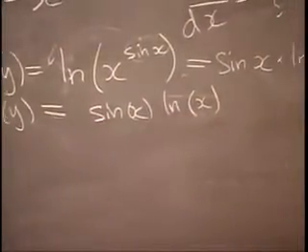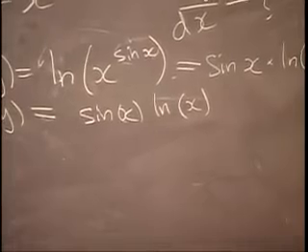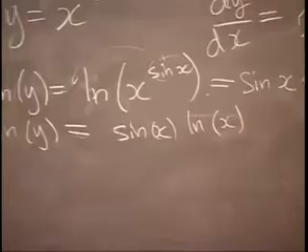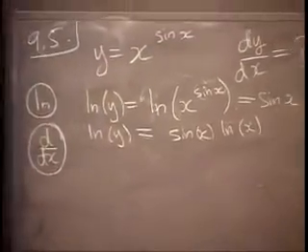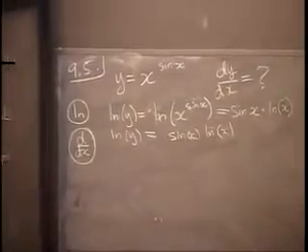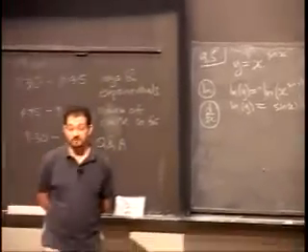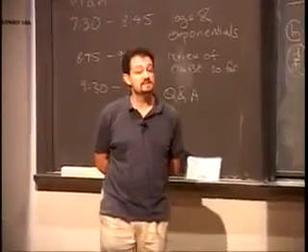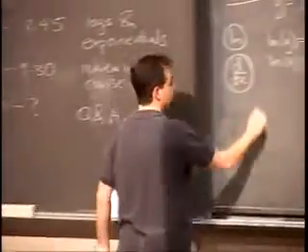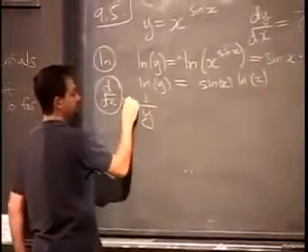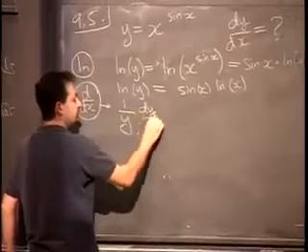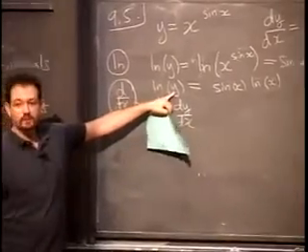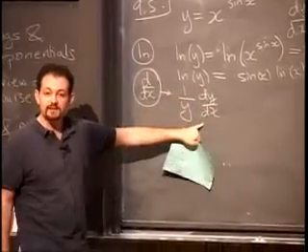Okay, how do I differentiate log y? I've got to use implicit differentiation. Because if it was log x, what would the derivative be? 1 over x. So if it's log y, the derivative is 1 over y times dy/dx. If this was sine y, the derivative would be cosine y times dy/dx.